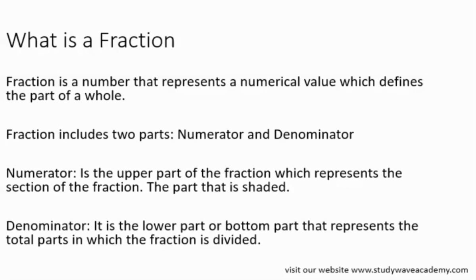The denominator is the lower part or the bottom part that represents the total parts in which the fraction is divided. That means the whole object, it represents the total parts of it.